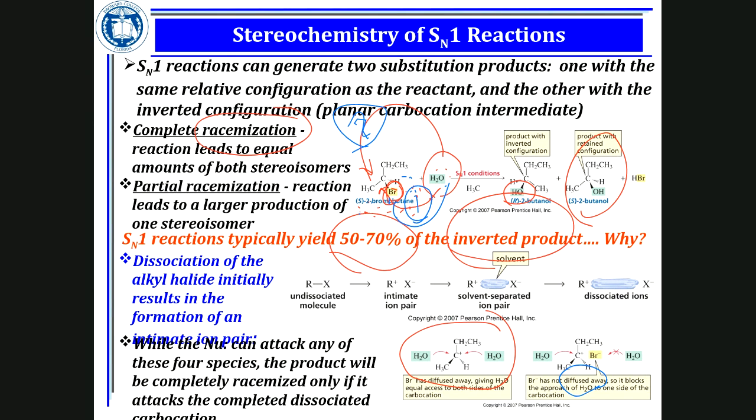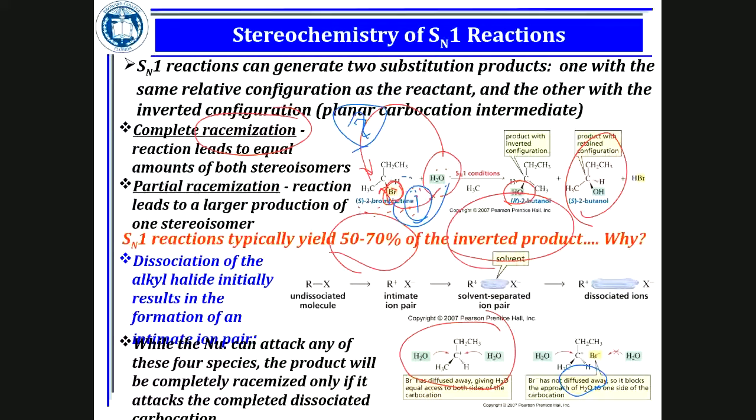Let me read the comment you had. What is the difference between the retained product and the inverted product? Okay, inverted product meaning that if you have R, it changes to S. If you have S, it changes to R configuration.